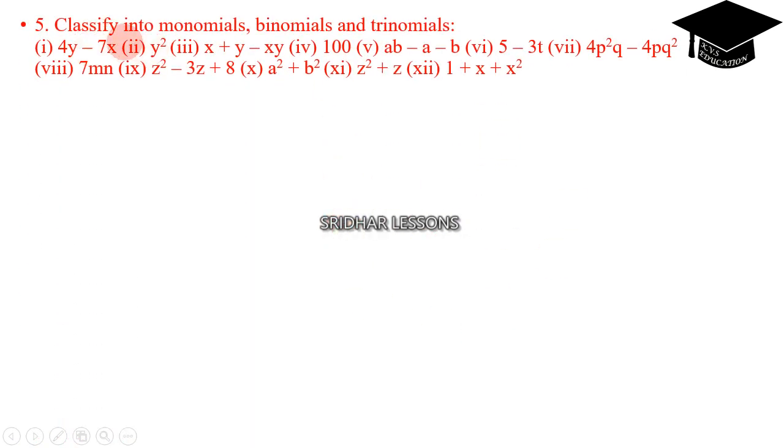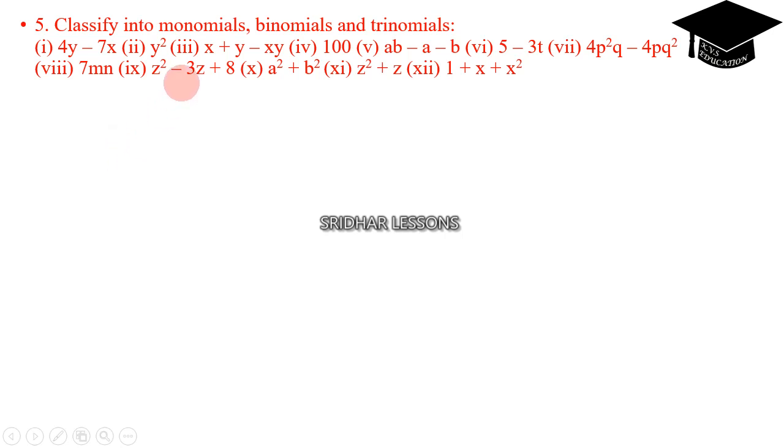Question number 5. Classify into monomials, binomials and trinomials. Students, before going to this problem, try to recollect what a monomial, a binomial and a trinomial are. A monomial has only one term, without any further operator, plus, minus or division.